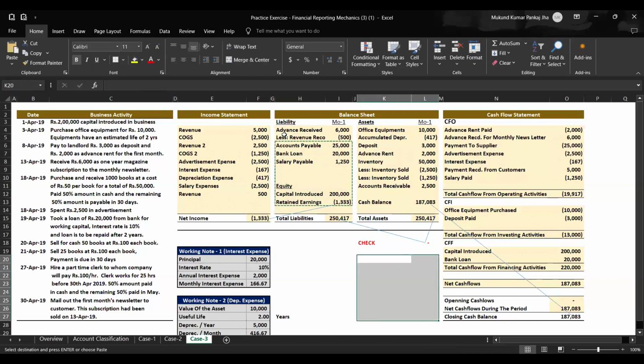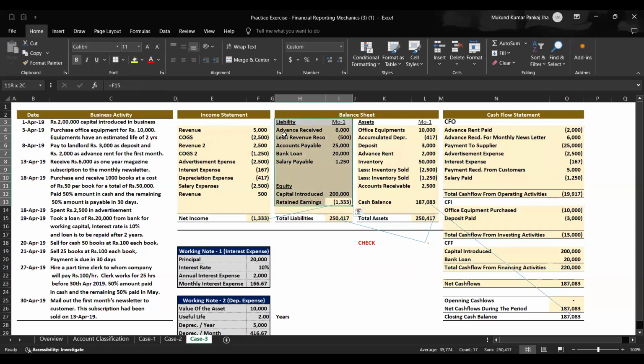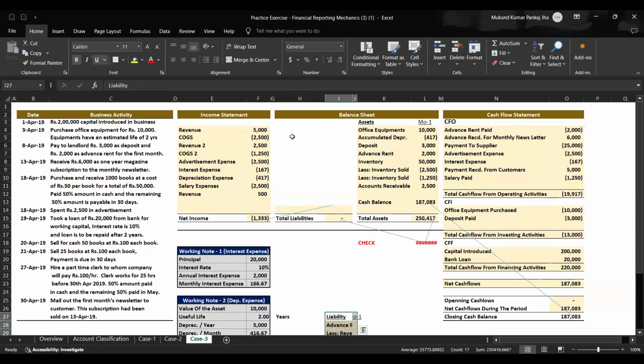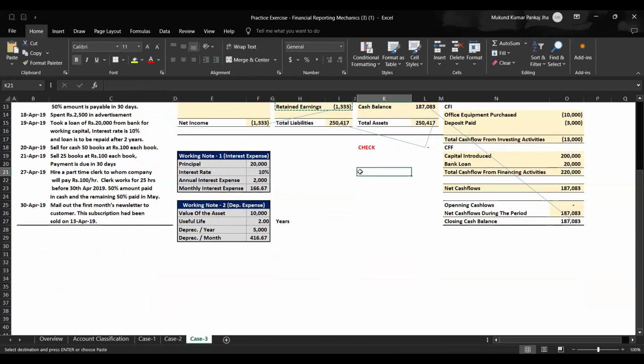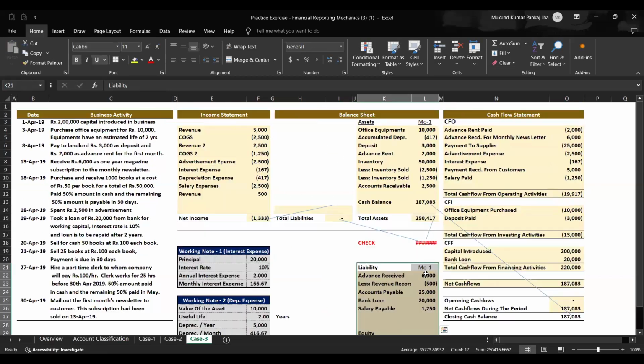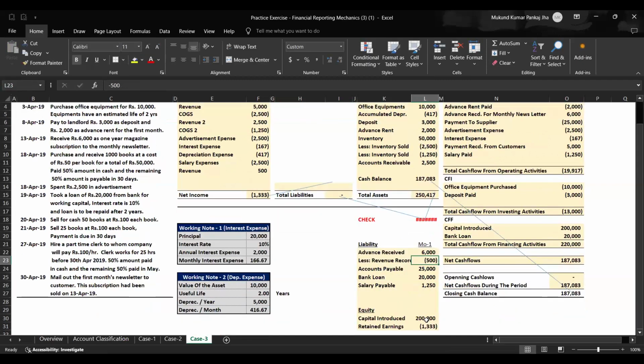You can see. But what I did is I didn't use Control C and Control V. I used Control X and Control V, and wherever I paste this, the formula's reference won't change. Getting this? This is what I did.